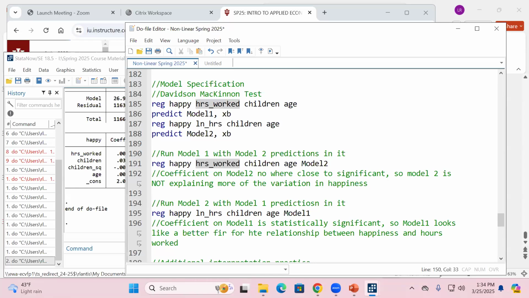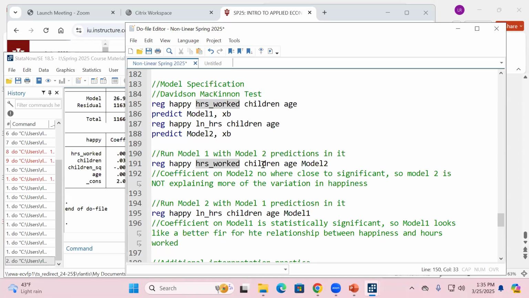Let's see. There's one thing in the quiz that we haven't talked about yet, which is if I have two models, and I've got added controls. Let's say I've got model 1 and model 2. Model 1 is where I want to look at this relationship between happiness and hours worked.